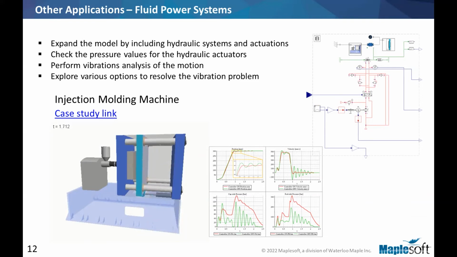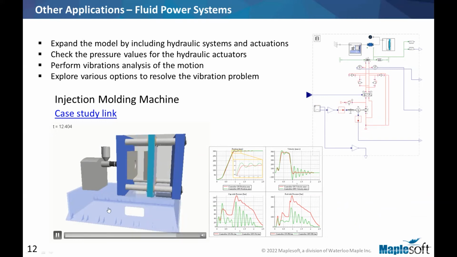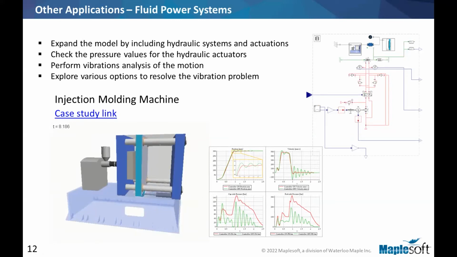We do have a case study here, where there were some vibrations in the model. So with MapleSim, we were able to create a digital version of this mechanism, analyze the vibrations that were being experienced, and then the customer can start looking at new control strategies. And this really ties into our whole MapleSim for automation story.